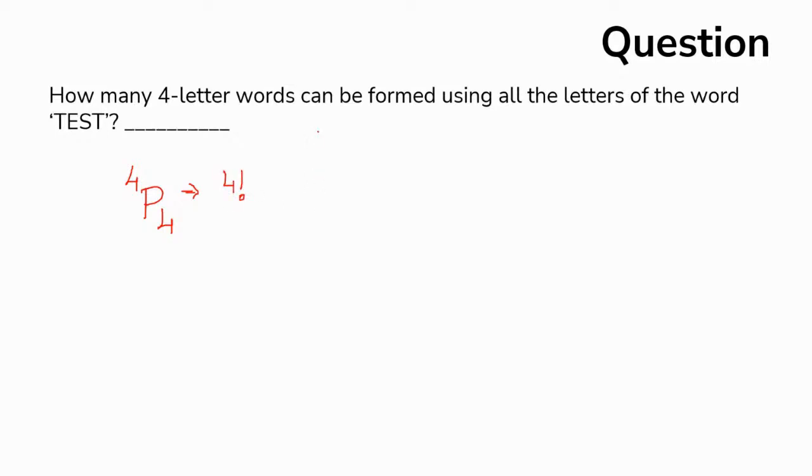But the problem is, think of this. I am trying to write TEST, and I am trying to once again write it as the same TEST. Is it a different arrangement or the same arrangement?